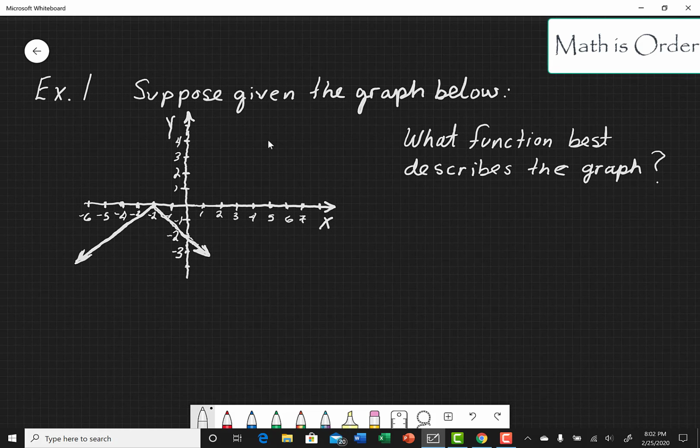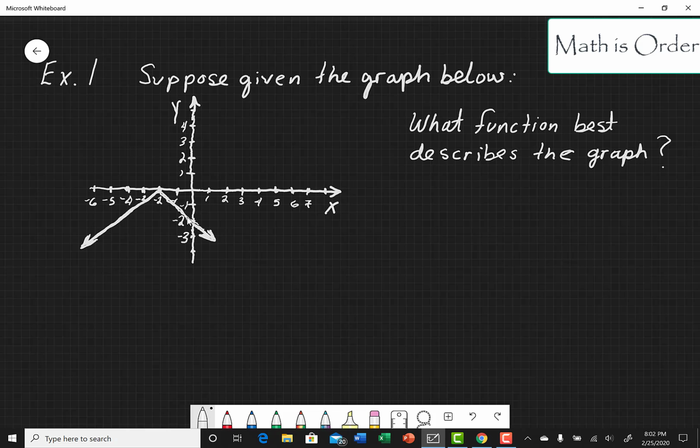These are typical questions related to transformations of functions. Suppose you're given this graph below. What function best describes this graph? Well, without knowing the common key functions and their graphs, we're going to be lost.